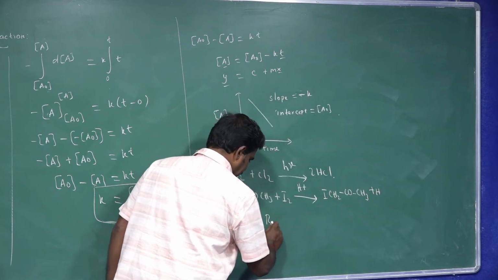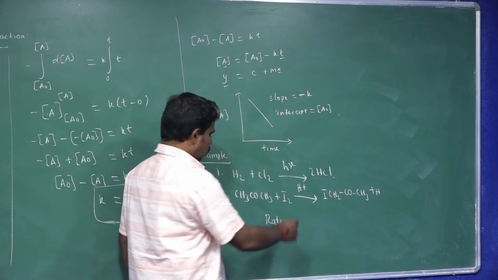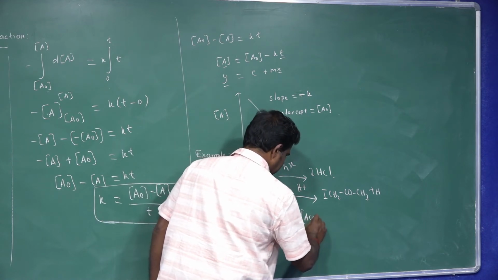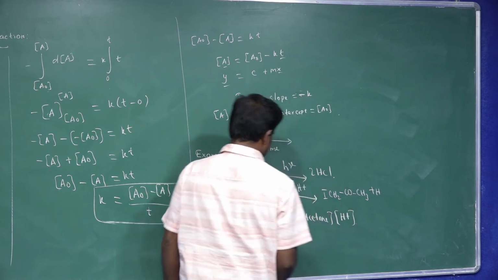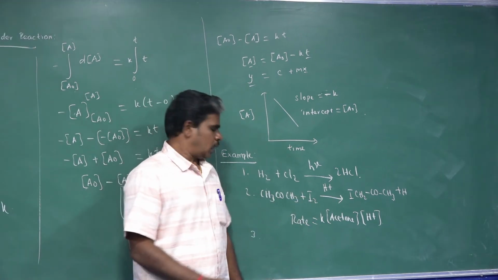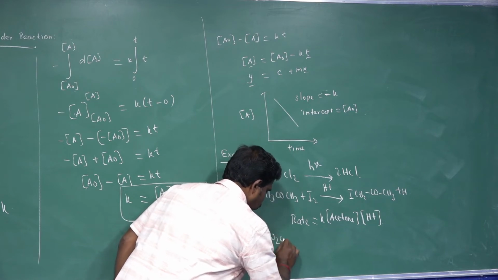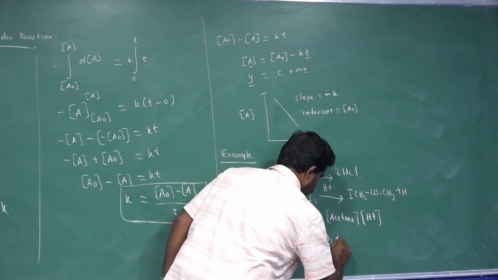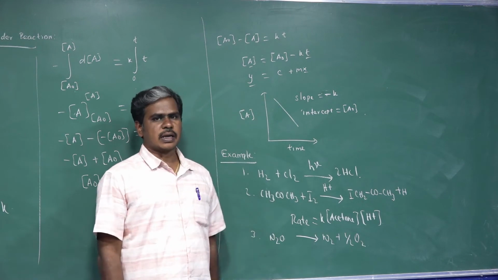Here the rate does not depend on iodine, so rate is equal to k into concentration of acetone and concentration of H plus. It does not depend on I2 concentration. And the third example, decomposition of N2O gives N2 plus O2. It also follows zero order reaction.